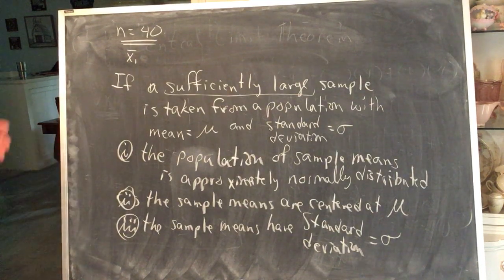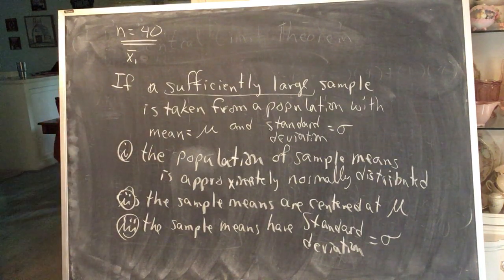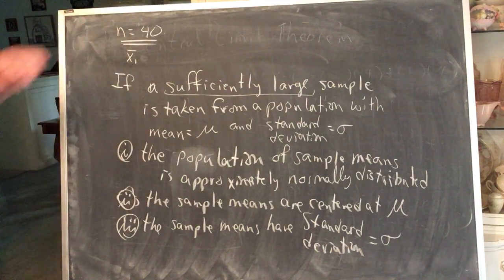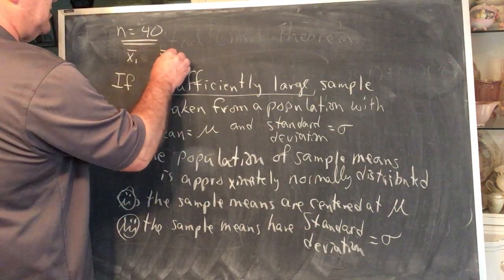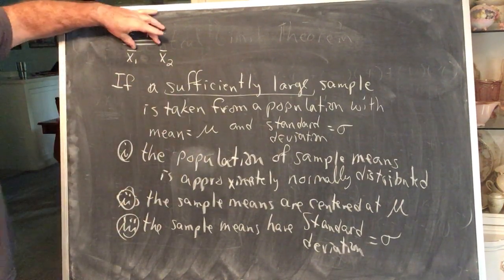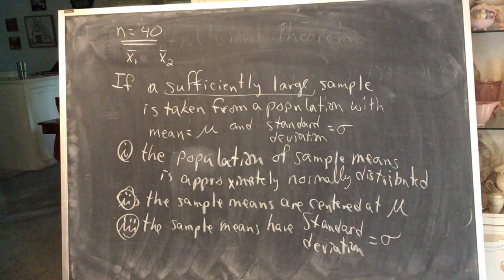But researcher number 2 is doing similar work. And so researcher number 2 also goes to that population, takes a sample of size 40. Almost certainly there will be a different group of items in that sample. And so researcher number 2 might compute sample mean number 2, and it is almost certain that those are not going to be equal to each other because the two researchers will have a different sample taken from that huge population.